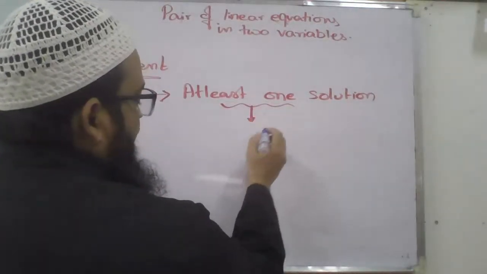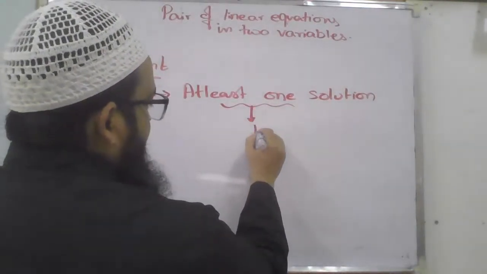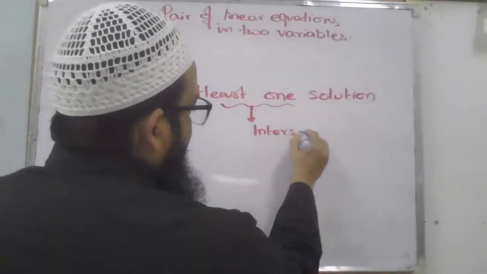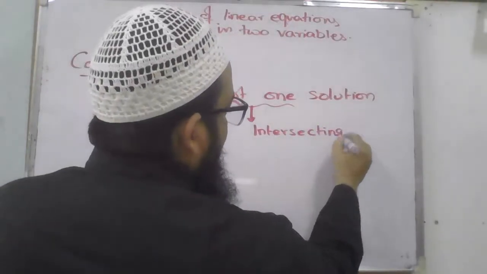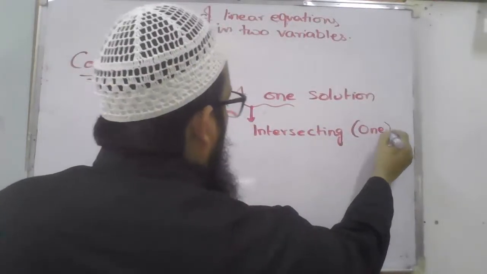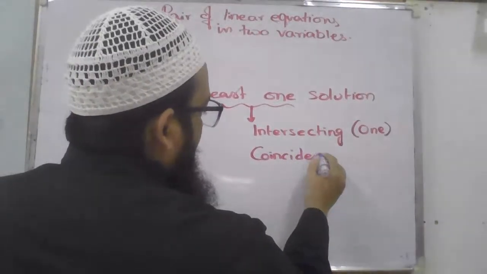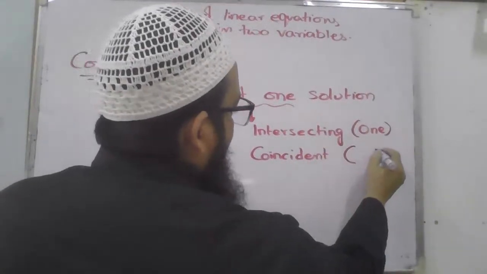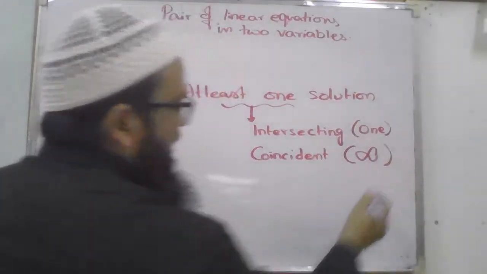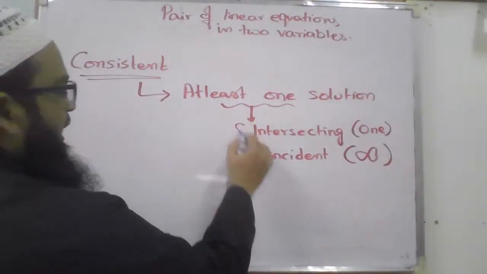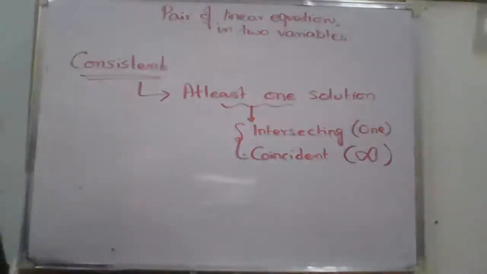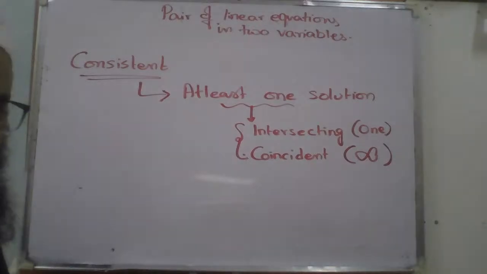Because suppose you have intersecting lines, you have one solution. And after that, coincident lines, you have infinite solutions. Understood? These two kinds of lines come under consistent lines.